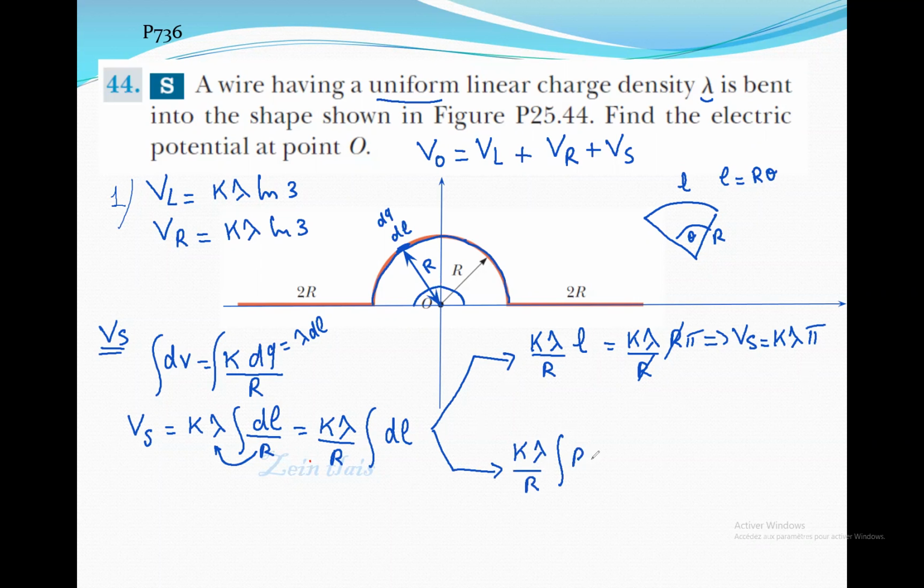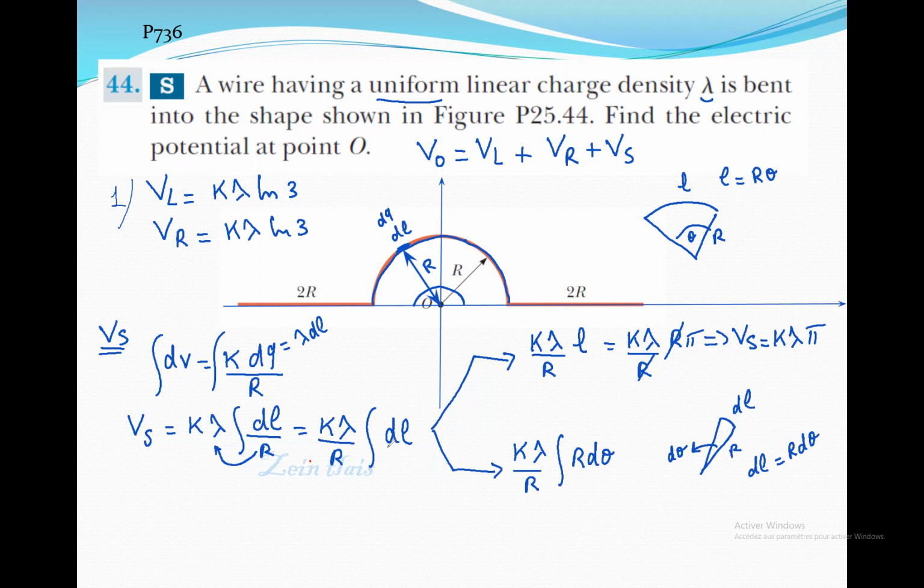Now, if you want to put delta L equals r d theta, you can, because if you have a small delta L located with a radius r, and here we have an angle d theta, so dl equals r d theta.